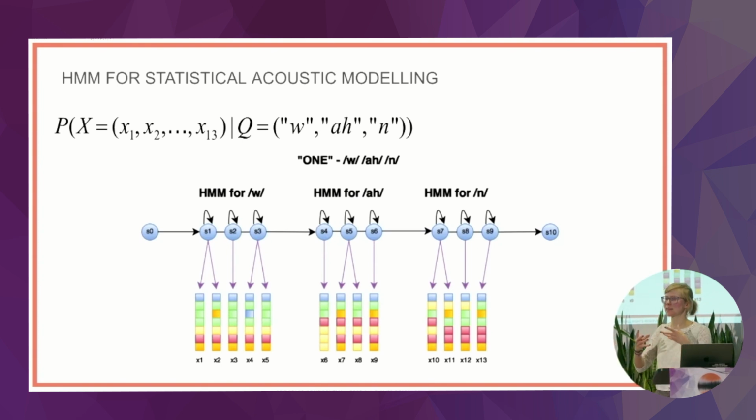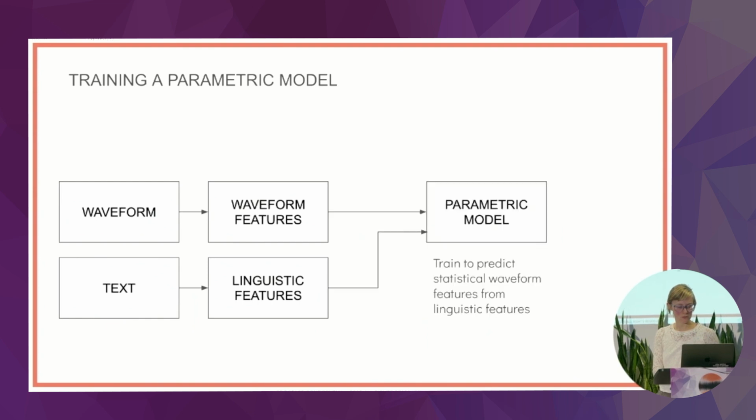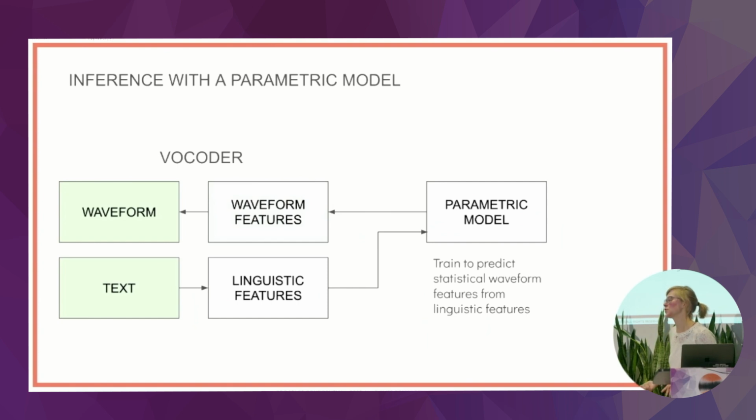Given that I've said this phoneme, what's the chance that I'm moving to another? And you can train an HMM to generate those waveform features. And then once you've got those waveform features out, you put them through the vocoder. The source filter model is a type of vocoder, and I think Lokman is going to be talking next week on more complex vocoders, but sticking with that one for now.